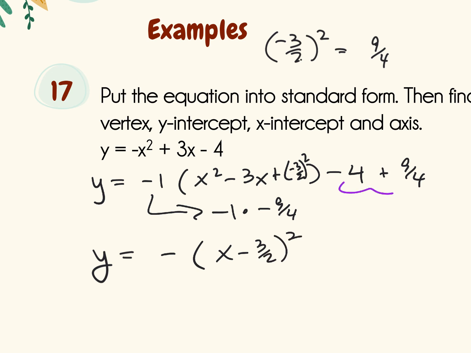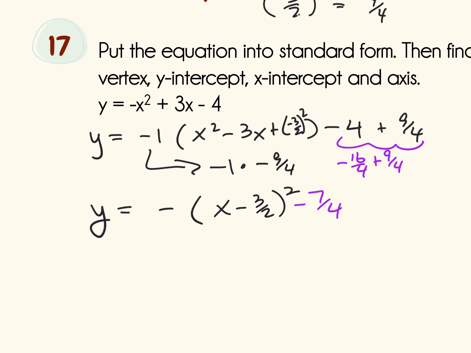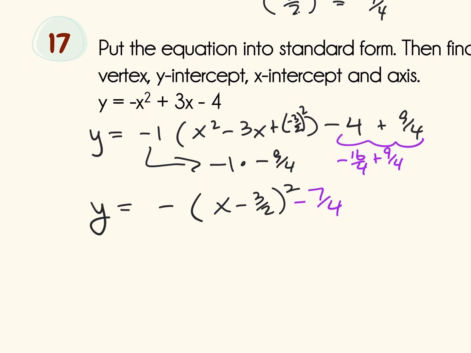I can combine these. My common denominator is 4. So I'm really doing -16 over 4 plus 9 over 4, which gives me negative 7 over 4. So that's my vertex form, or my standard form. So my vertex is located at 3 over 2 and -7 over 4.